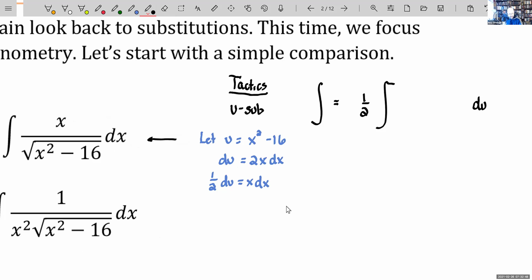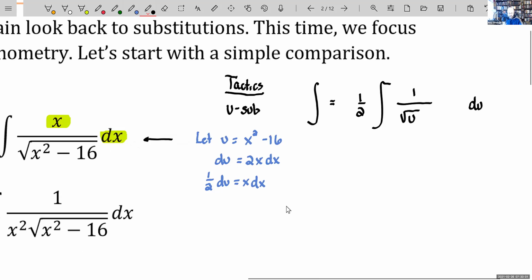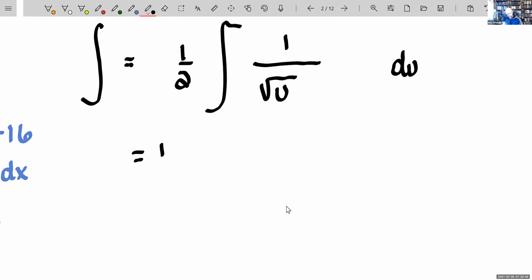The x dx got stolen away for that 1/2 du, so that's no longer there. And downstairs, I have the square root of u. Now I can finish this out very quickly, because this is just going to be 1/2 integral of u to the negative 1/2 power du.